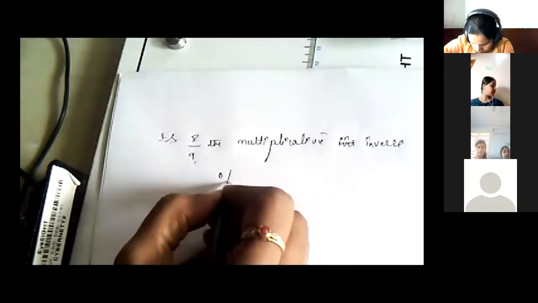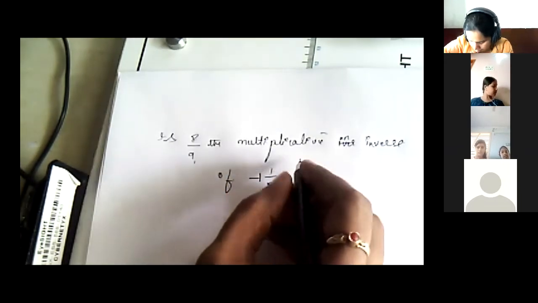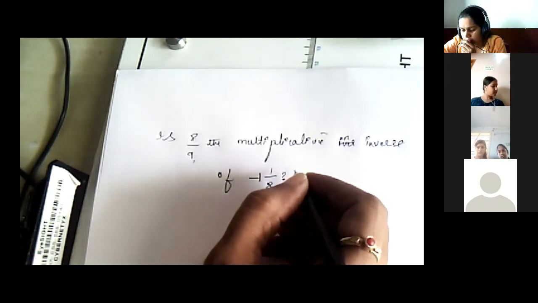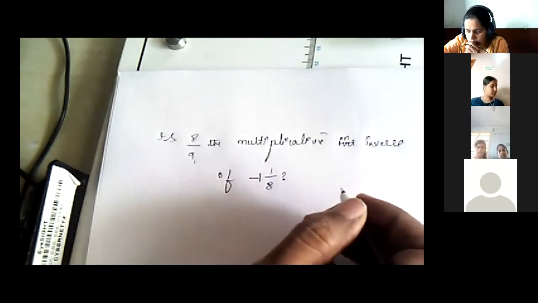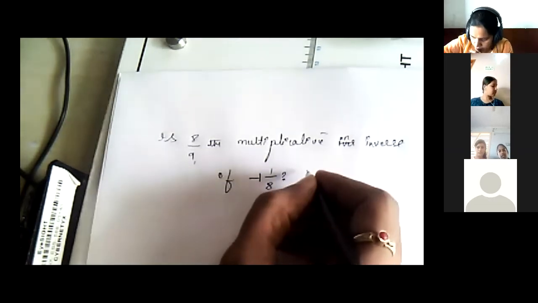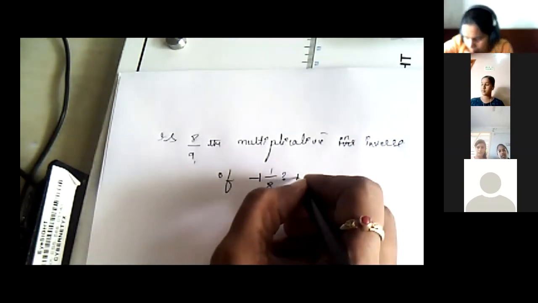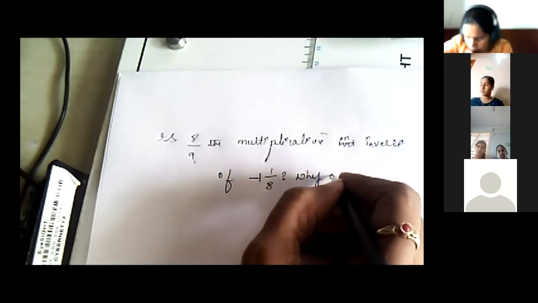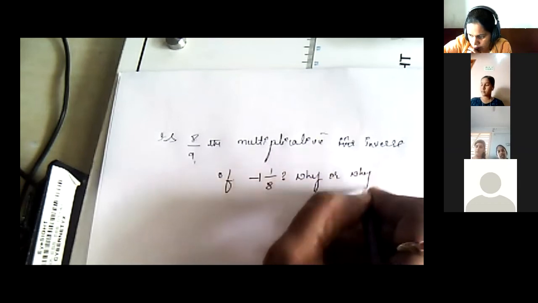Is 8 upon 9 the multiplicative inverse of minus 1 upon 8? Question mark. Why? Why not? Good, children.